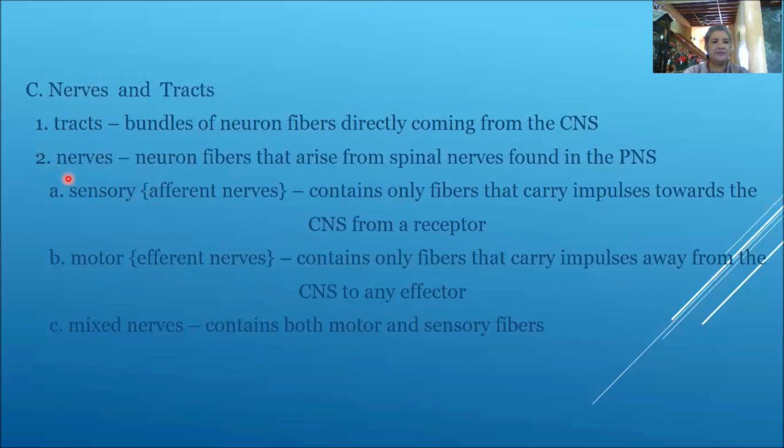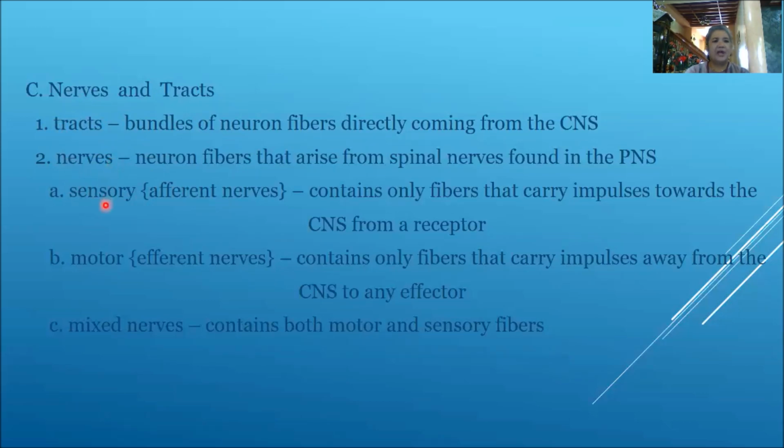Now, these nerves could bundle up in the central nervous system as they go out from the cell body. And when they bundle up, they will now become your tracts.